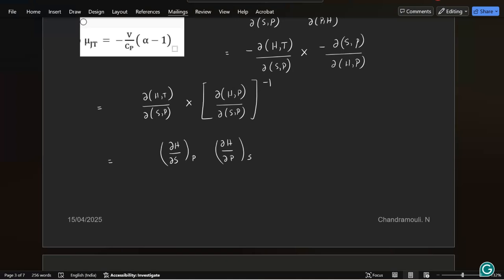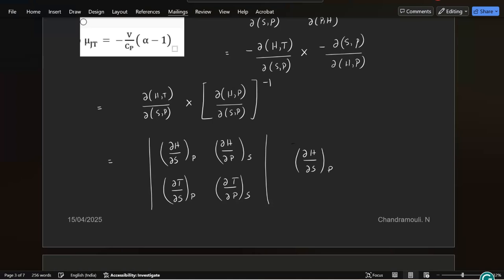We can directly see the equation of enthalpy and get these values. That is why I used S and P. Then del T, and this is a determinant. And this will be del H by del S at constant P, and this is going to be inverse.